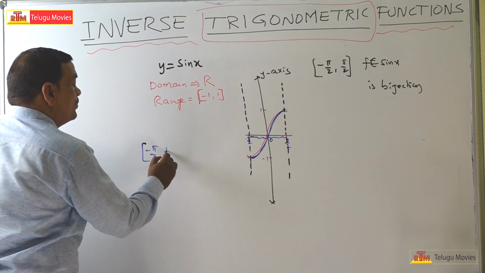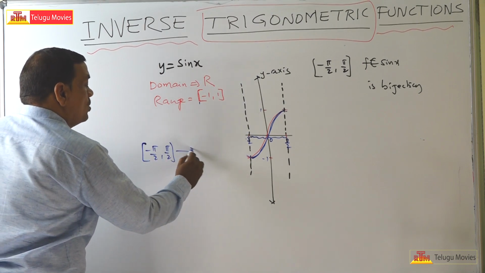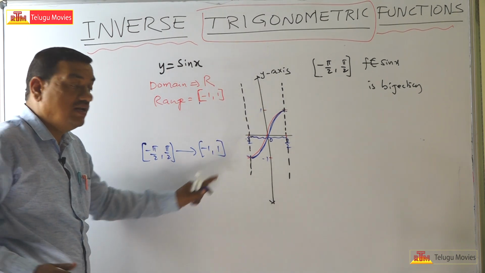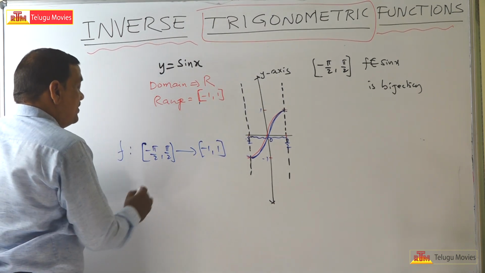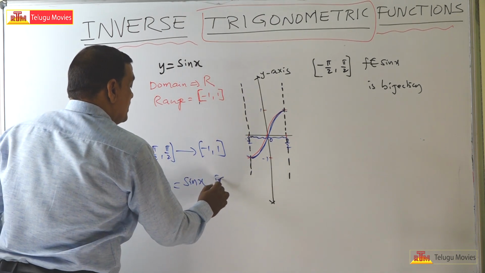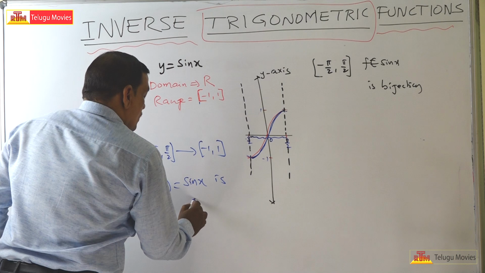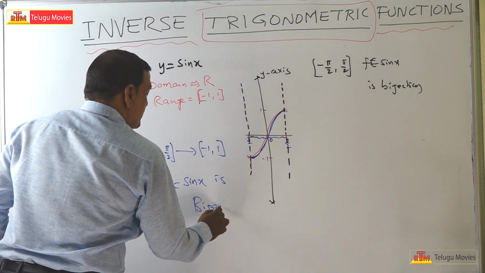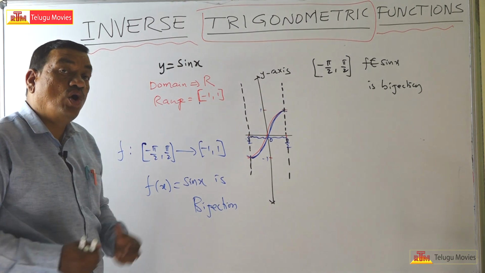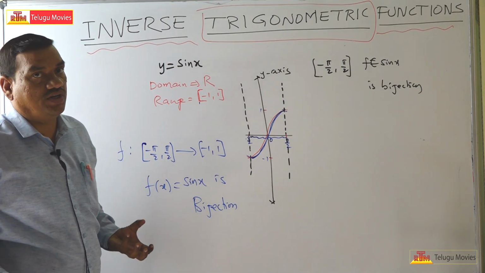Minus pi by 2 to plus pi by 2. What is the range? As usual, from minus 1 to 1. The function f defined as f of x equal to sin x is a bijection. That means it is both one-one and onto.